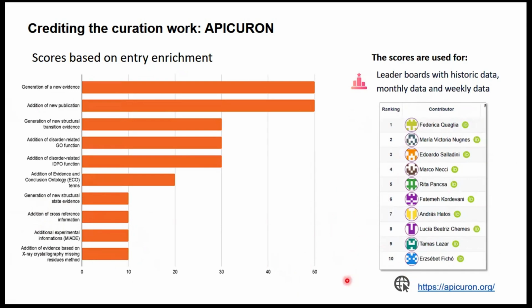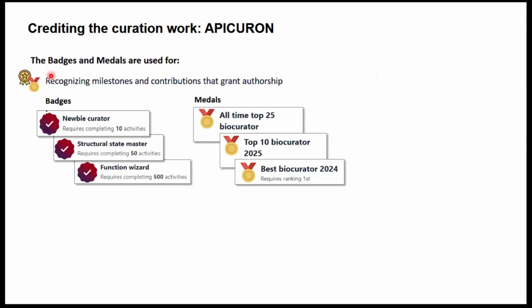But we also have other kinds of acknowledgement materials like badges and medals. The badges and the medals in APICURON are to recognize the different milestones, and we also use them to assign acknowledgement based on the amount of contributions.